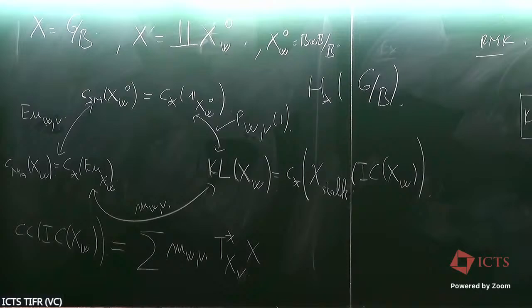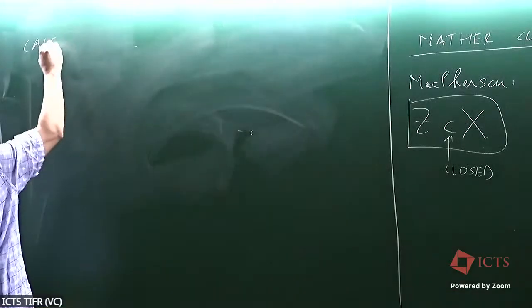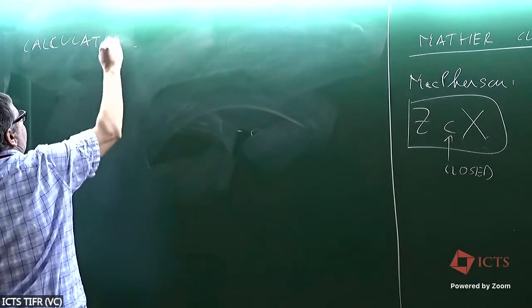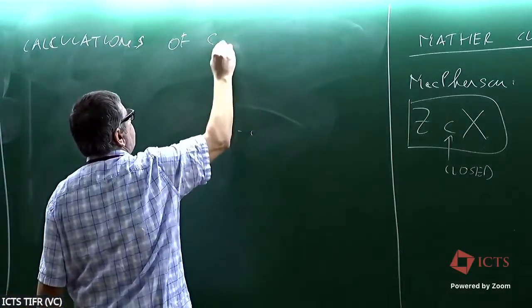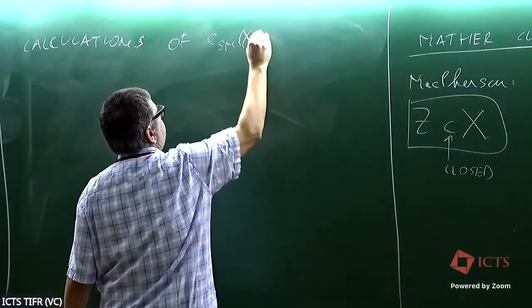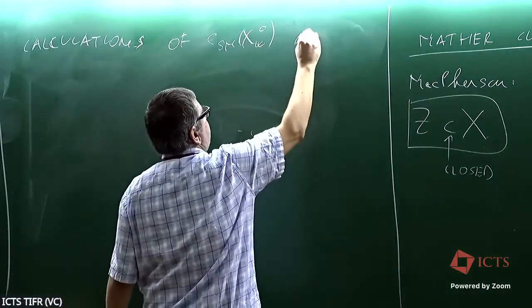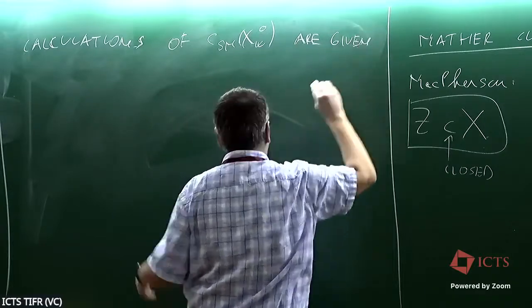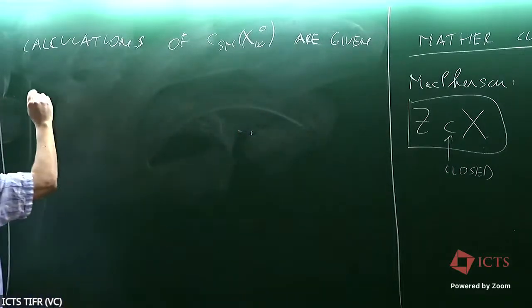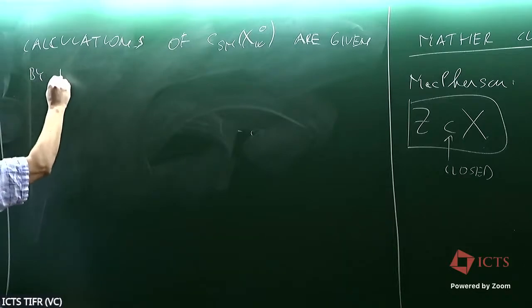I'll just say that calculations of CSM classes of Schubert cells are given by the Hecke algebra action. It's a particular degenerate Hecke algebra action in this case.